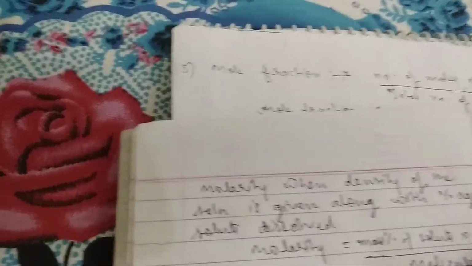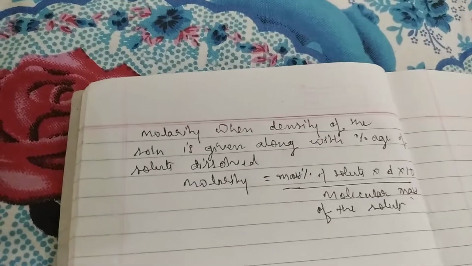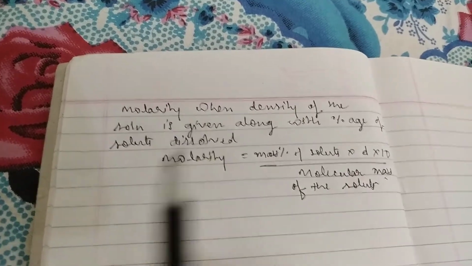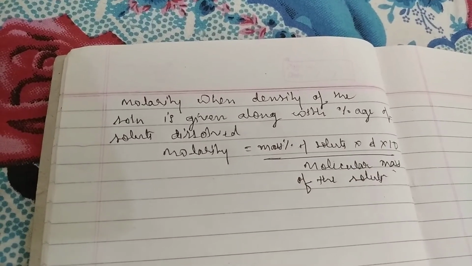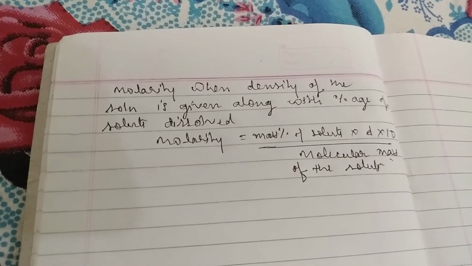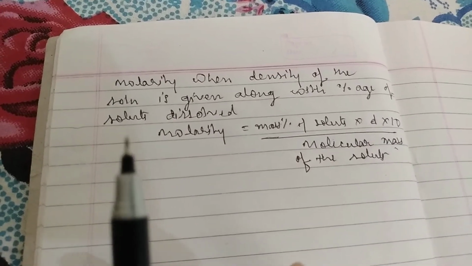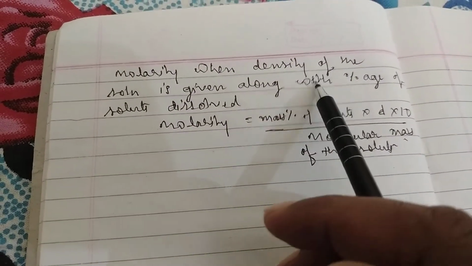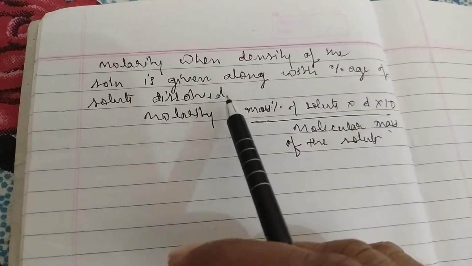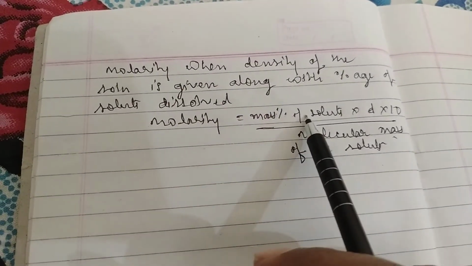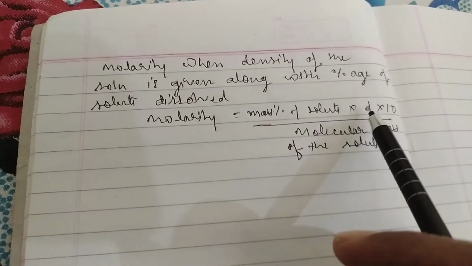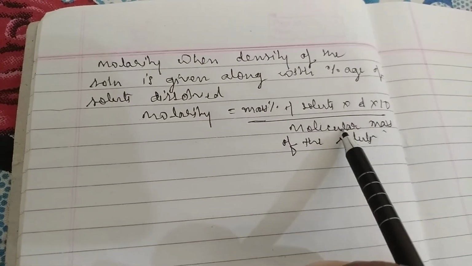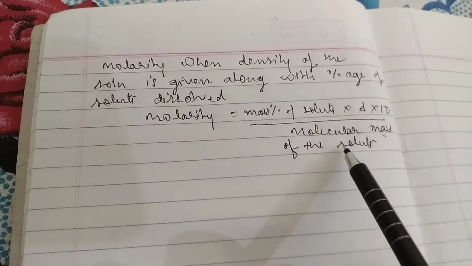Now, in any numerical, if you are asked to calculate the molarity when the density of the solution is given along with the percentage of solute dissolved, then molarity is equal to the mass percent of solute multiplied by the density of the solution times 10, divided by the molecular mass of the solute.